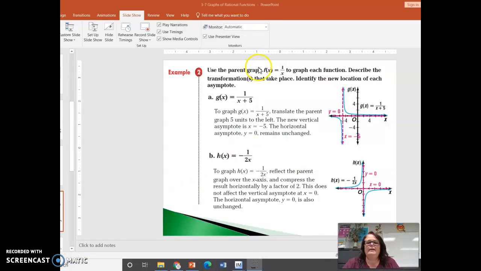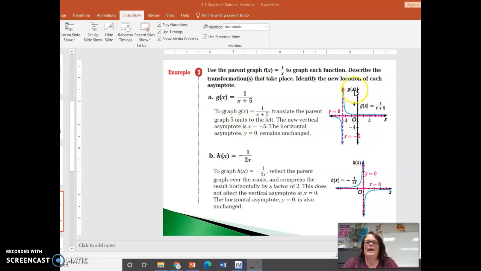Okay, so let's go back to that reciprocal function, this f of x is equal to 1 over x. And we're going to talk about the transformations. So do you see that by adding plus 5 inside the fraction, that's going to be a horizontal change. So we want to figure out what makes x plus 5 equal to 0, and that would be negative 5.